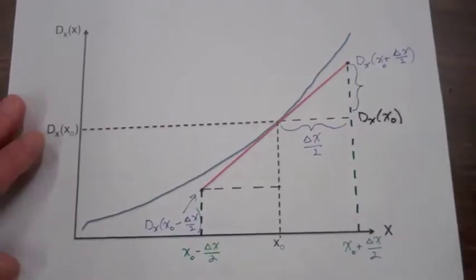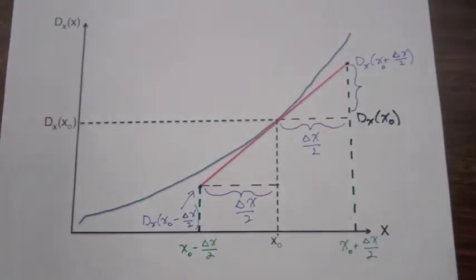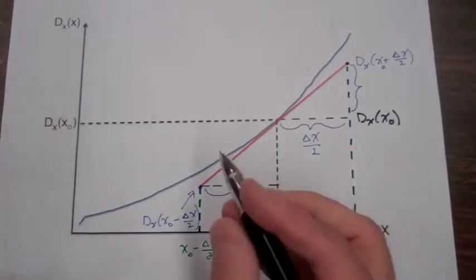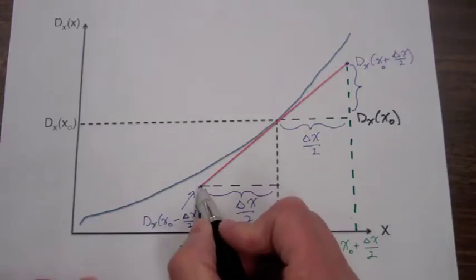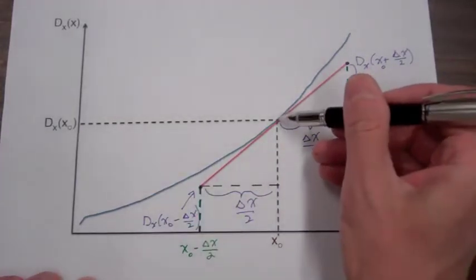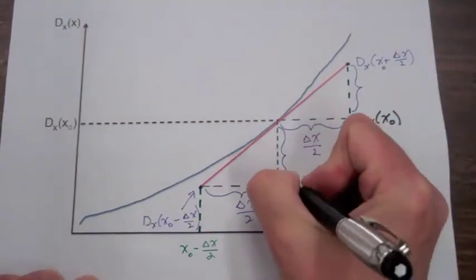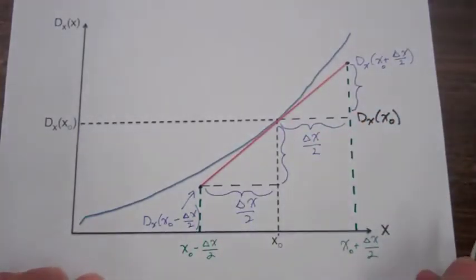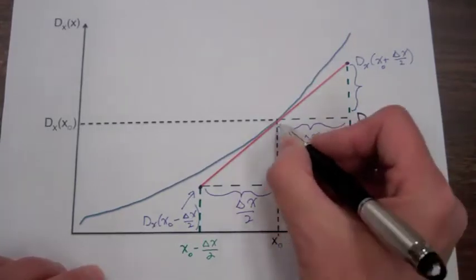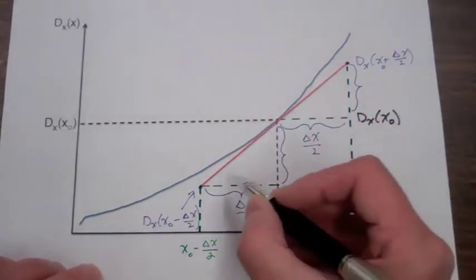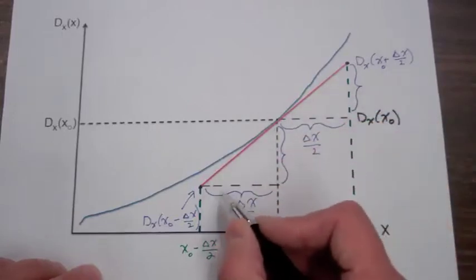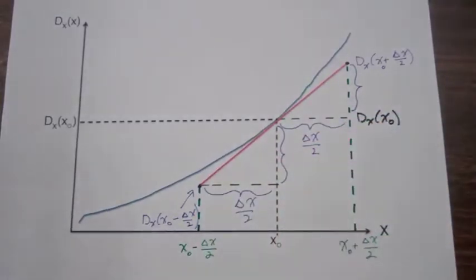Okay, now similarly, our estimate of D sub x on the back face of the cube, this value right here, will be the value of D sub x at the center of the cube minus this side of our right triangle. So this side of our right triangle will be our slope times this side of our right triangle.